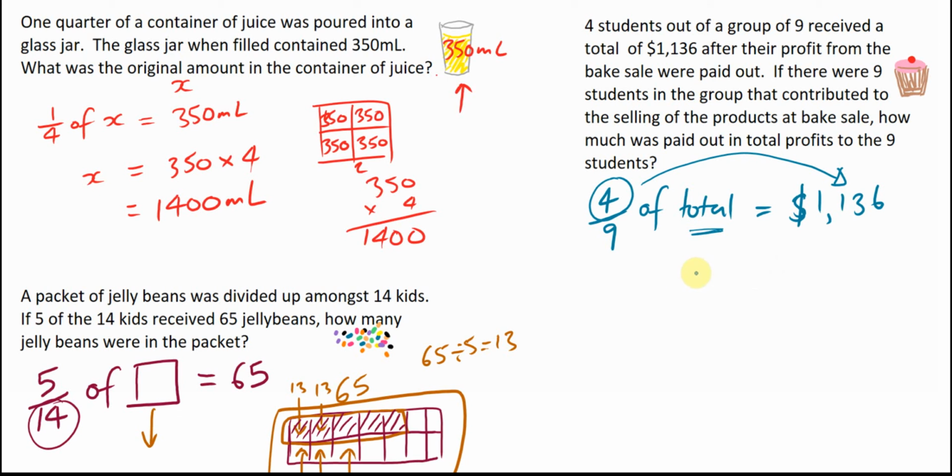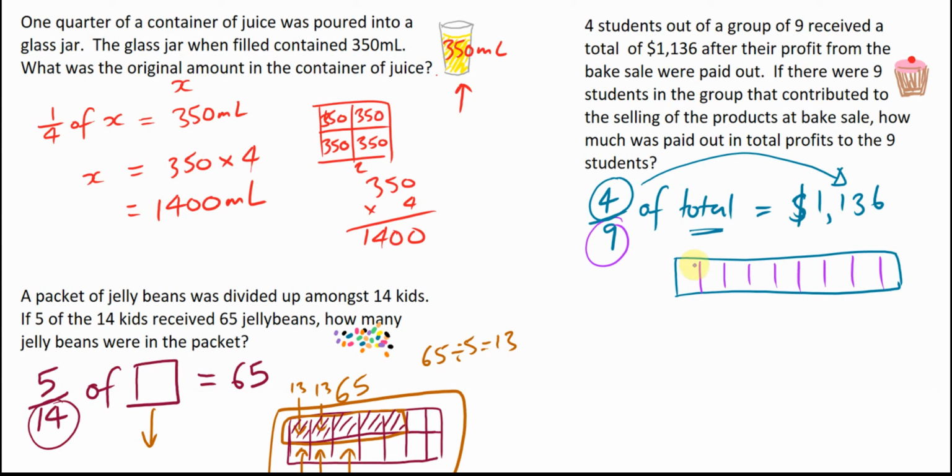Okay, so another diagram here, and I'm looking at ninths. Which means I want to split up this diagram into 9 sections. 1, 2, 3, 4, 5, 6, 7, 8, 9.